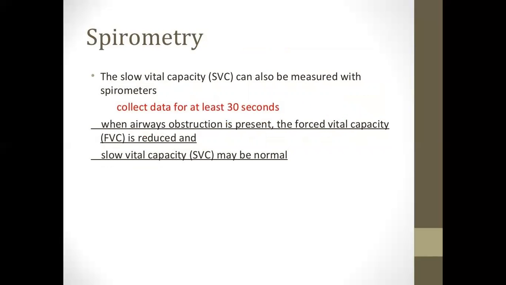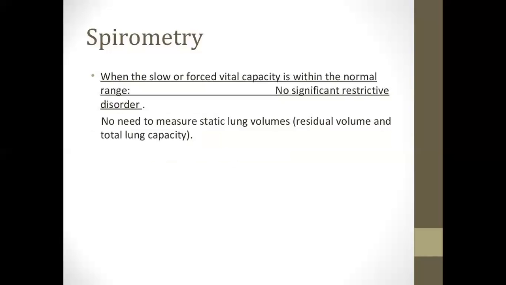The slow vital capacity can also be measured with spirometers. Collect data for at least 30 seconds. When airways obstruction is present, the forced vital capacity (FVC) is reduced and slow vital capacity may be normal.